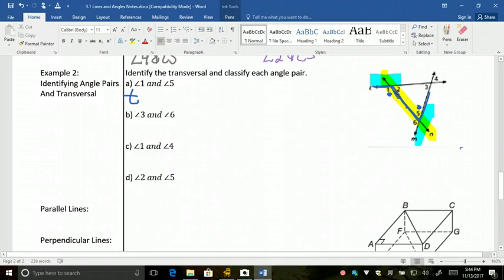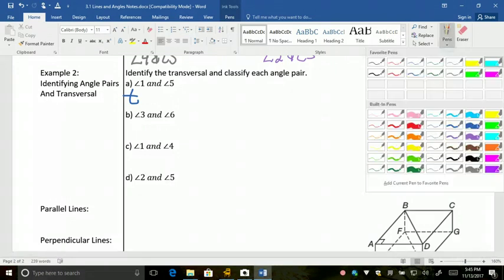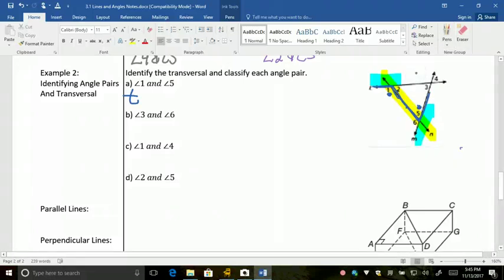And so angle 1 and 5 are actually on the interior, and they're on alternate sides of the transversal. So 1 and 5 are alternate interior angles. AIA is the abbreviation that we use for alternate interior angles.